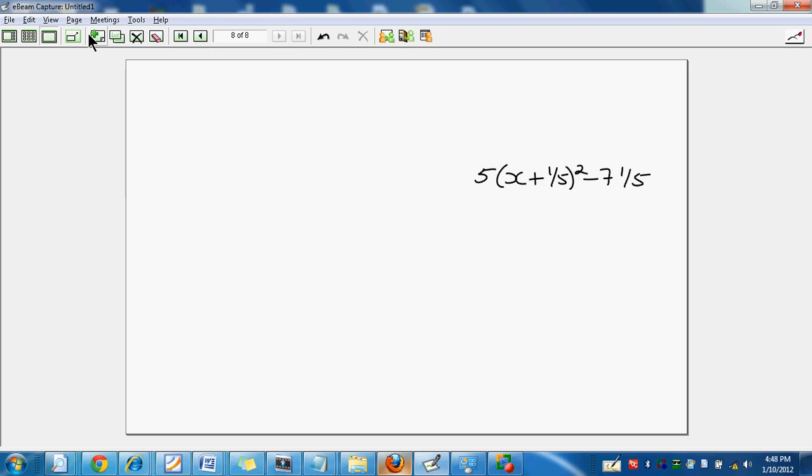Okay, so in order to answer that question, we had to recall that the format of 5x squared plus 2x minus 7, when expressed in the completed square format, was given by 5 open brackets x plus a fifth, close brackets all squared, minus 7 and 1/5. This is the format when you express it in the completed square form. And they said to you, hence find the values of x for which 5x squared plus 2x minus 7 equal to 0. The hence tells you you have to use what you got up front to help you solve it.